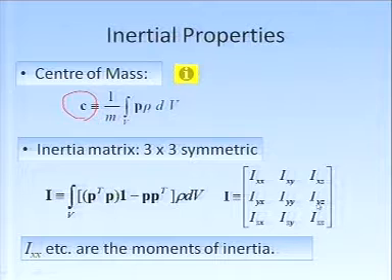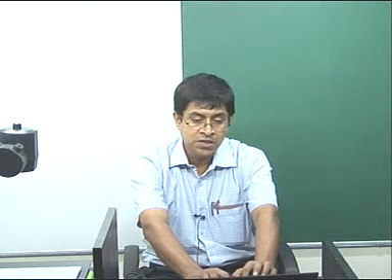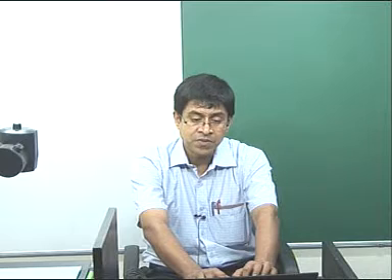Izy is equal to Iyz, Ixz is equal to Izx, and Iyx is equal to Ixy. This is important to remember: the inertia matrix of any body or any system, consisting of several bodies, is symmetric.